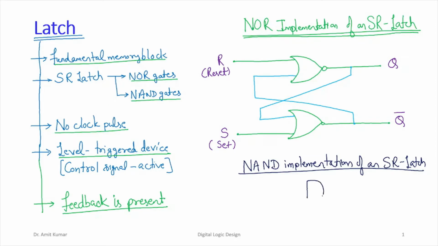This is NAND gate 1, this is NAND gate 2. There is going to be one output out of this NAND gate, and one output out of this NAND gate. There will be one input present at this input of the NAND gate, and one input present at this input of the NAND gate.